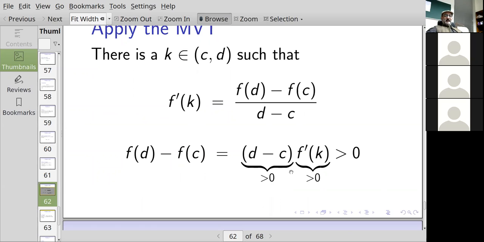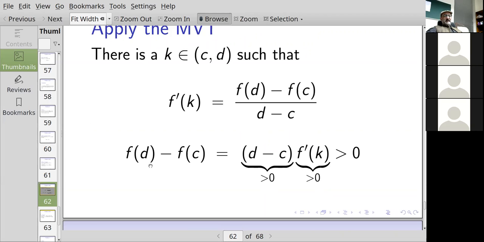So then the derivative at k is equal to F of d minus F of c over d minus c. And then when you move things over, d minus c is bigger than 0, and you were told that the derivative was bigger than 0. So multiply two positives, you'll get a positive.